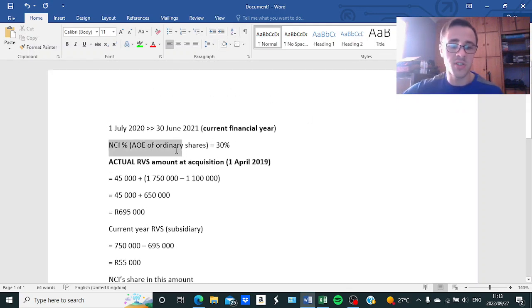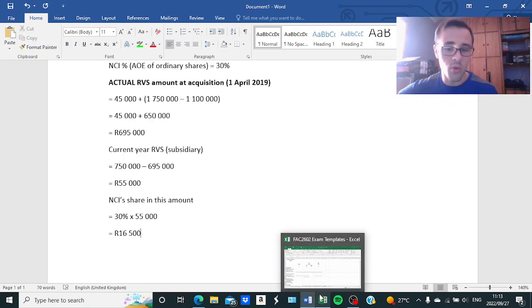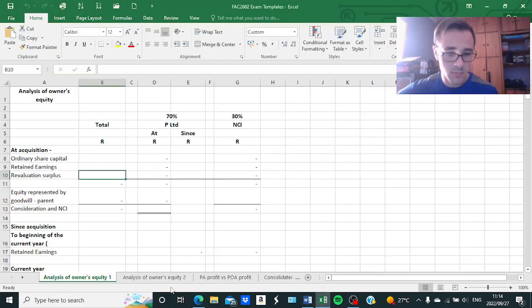The NCI's percentage in terms of ordinary share capital will be 30%, because the parent has a 70% share, and we calculate 30% of the current year's revaluation surplus, which is 55,000, and that should give you an amount of 16,500 Rand. So the journal entry that you will make will be as follows.